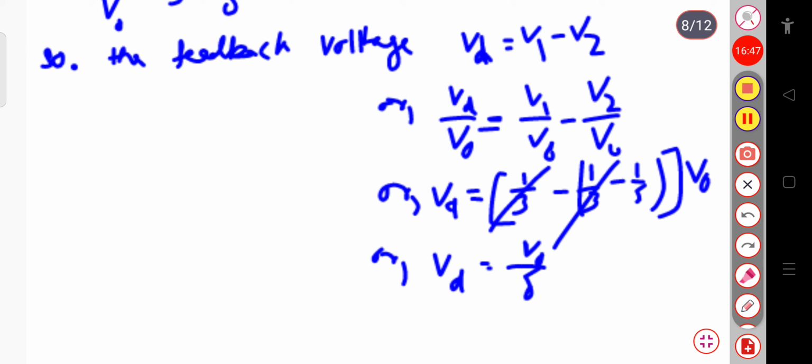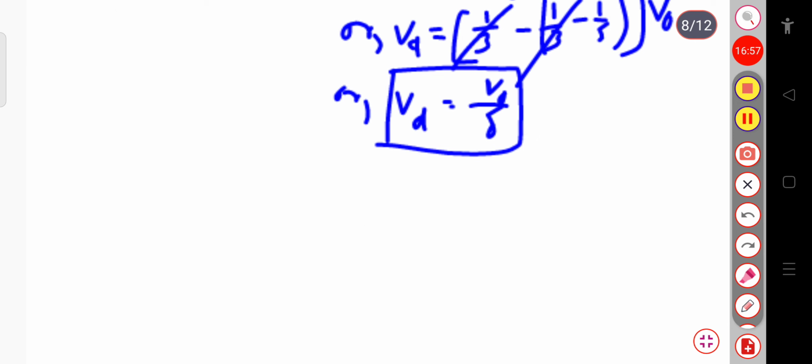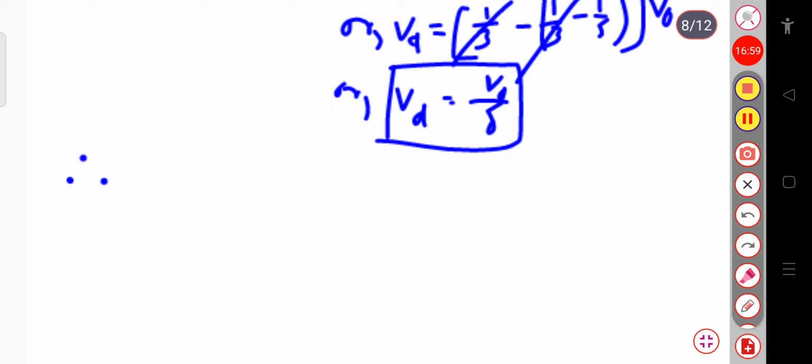Okay, this is the value of Vd, that is V0 by delta. So here you can see Vd and V0 are in the same phase.